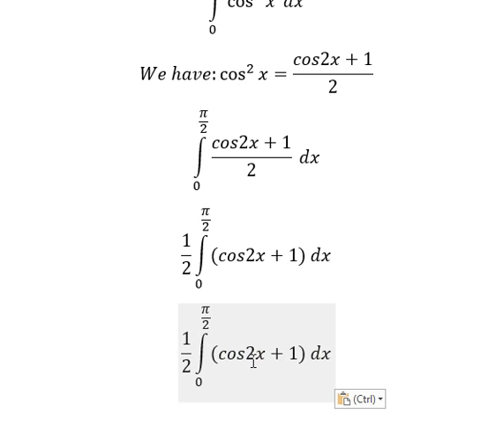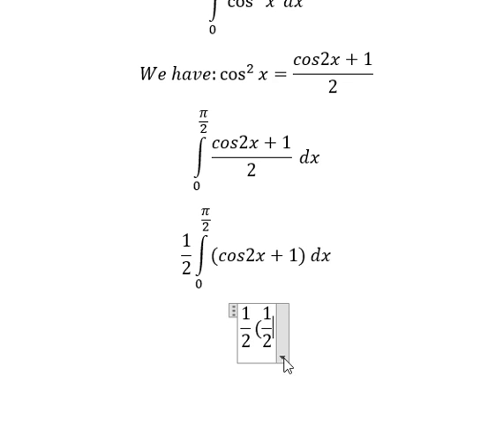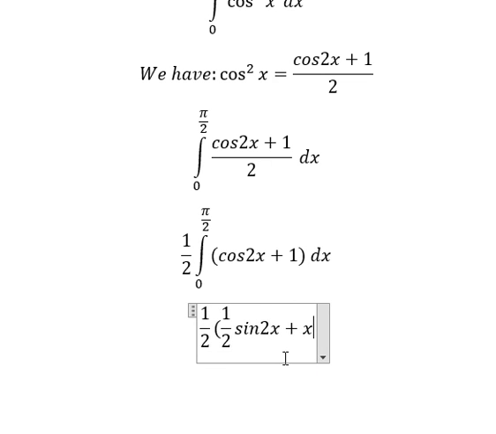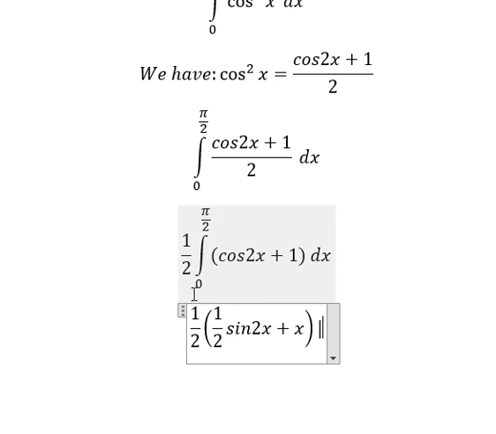The integration of cosine 2s is 1 over 2 sine 2s. The 1 integrates to s, and we put the bounds from 0 to b over 2.